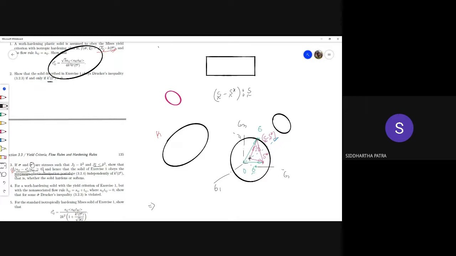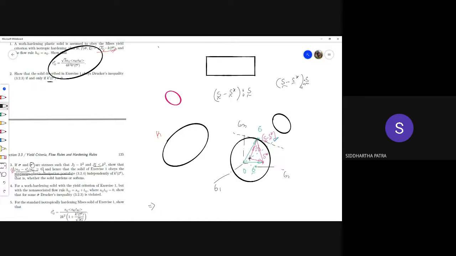Okay, if it is inside the circle, there is no way this S minus S star inner product S is less than 0.